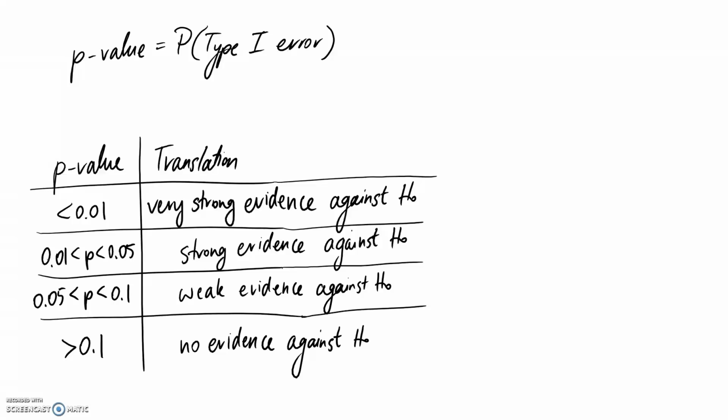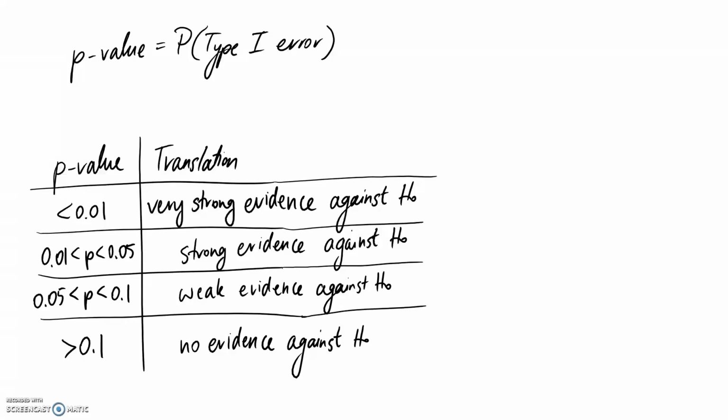If we get a p-value between 0.01 and 0.05, we've got strong evidence against H0. If it's between 0.05 and 0.1, we've got weak evidence against H0. And if it's greater than 0.1 or 10%, basically we haven't got much evidence against H0 because it's a fairly common event. The probability of getting this type 1 error is very common, so we don't want to make a conclusion against H0. There's just not enough evidence to support it.